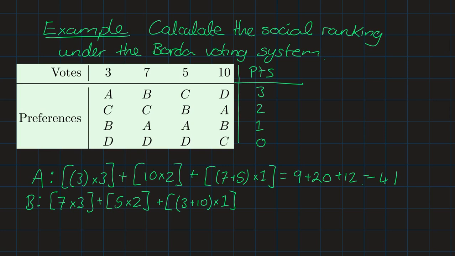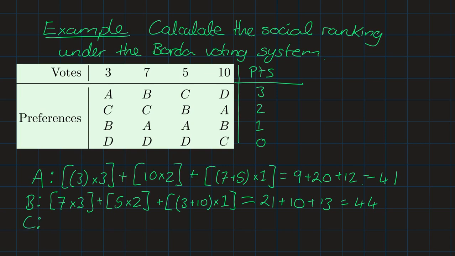And what is this? Well, this is equal to 21 plus 10 plus 13, which is 31, 44.